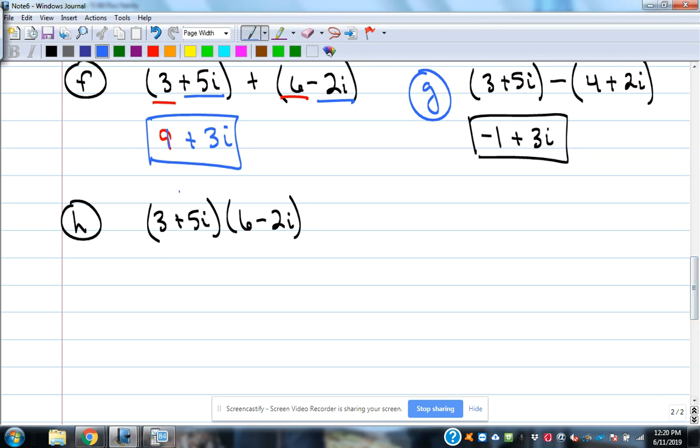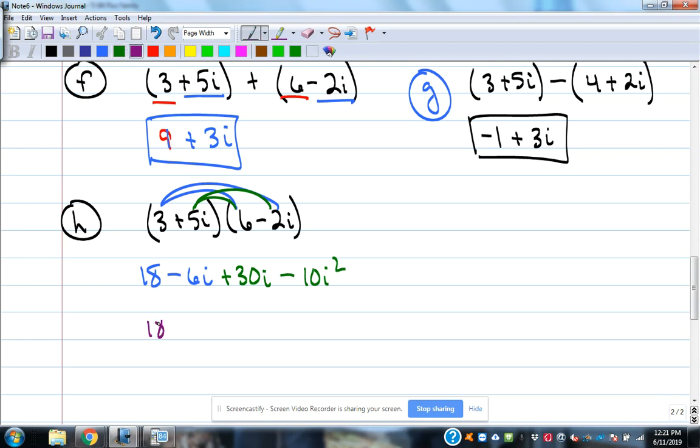So I would do the distributive property just like I did at the beginning of these lessons with polynomials. Multiplying, 3 times 6 is 18. 3 times -2i is -6i. And then I would multiply 5i times 6, which would be 30i. And then -10i squared. And then I've got to simplify that.